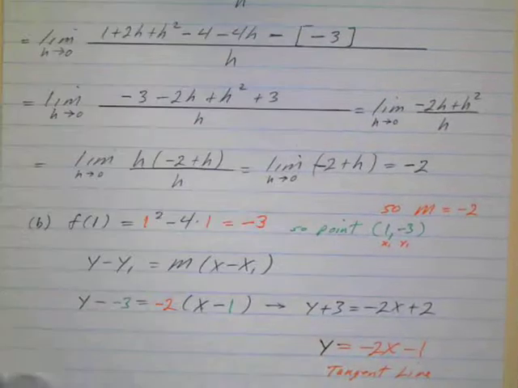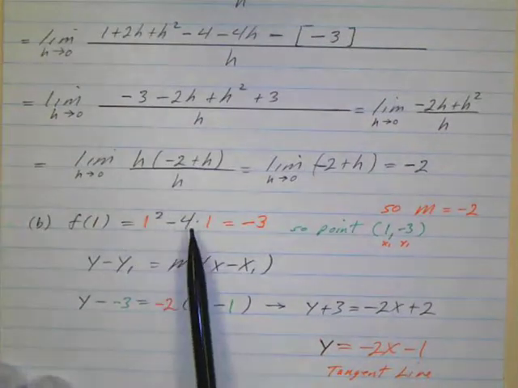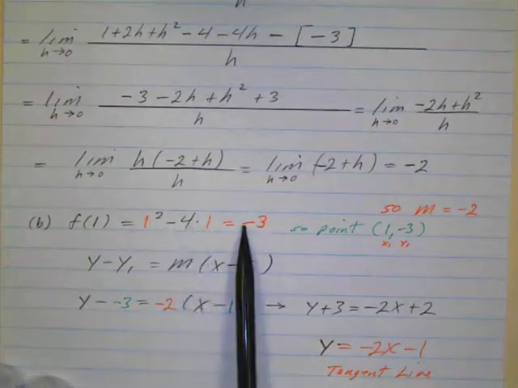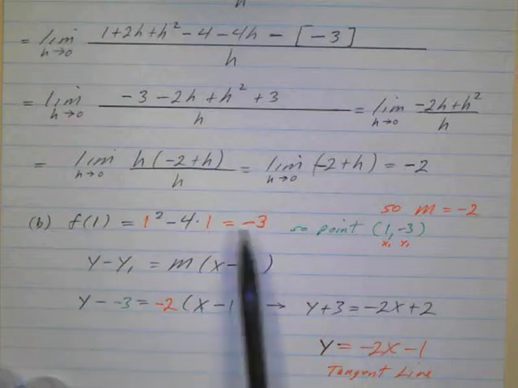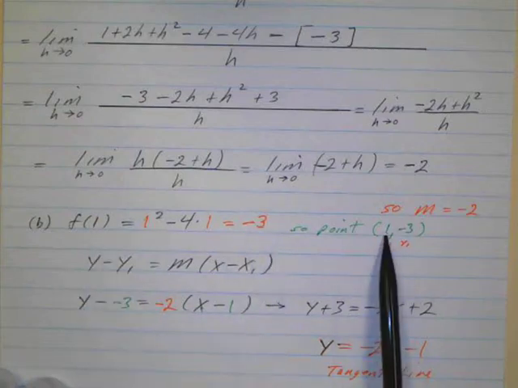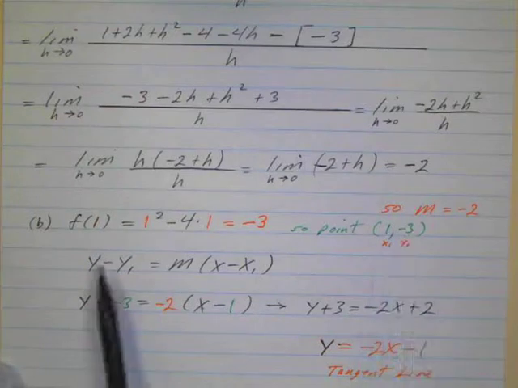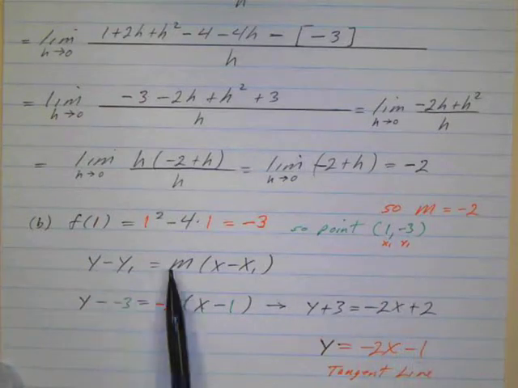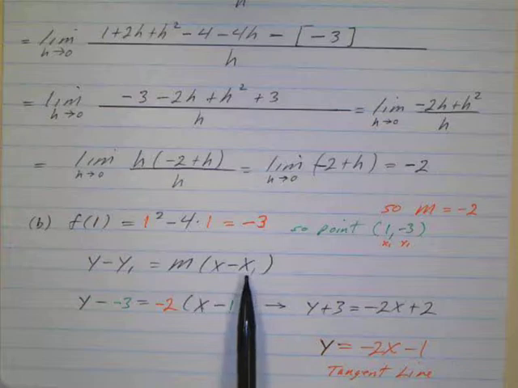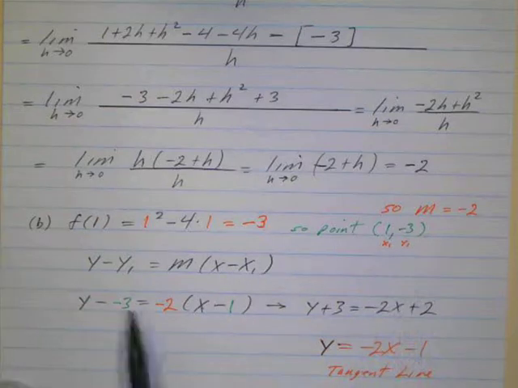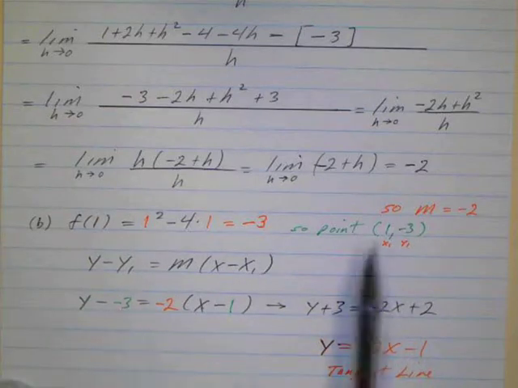And this is the b part. So I put this 1 squared minus 4 times 1, and that's negative 3. So f of 1 is negative 3, so my point is 1, f of 1, or 1, negative 3. And I just put this in the point slope form. y minus y1 equals m times x minus x1. And again, y1 was negative 3, and x1 was 1.